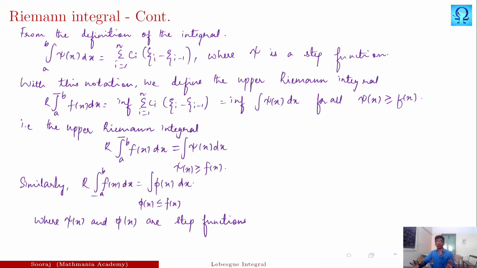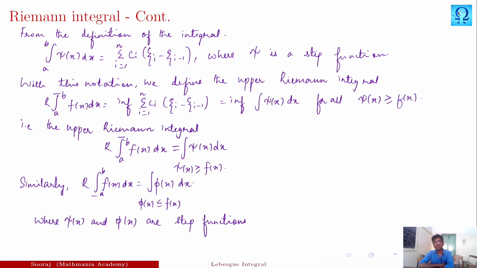So if you are given any function, and you have to integrate that function with Riemann's ideology, then in order to find the upper Riemann integral and lower Riemann integral, you can simply find a suitable step function satisfying the condition for all the points in the closed interval that we have taken.